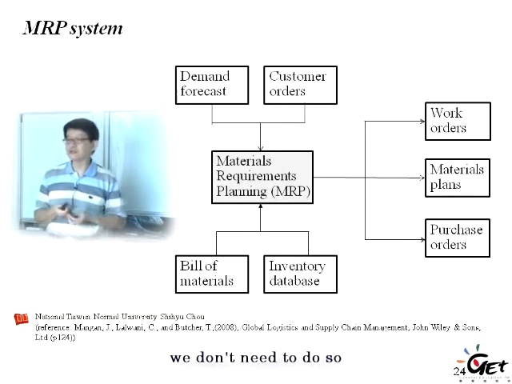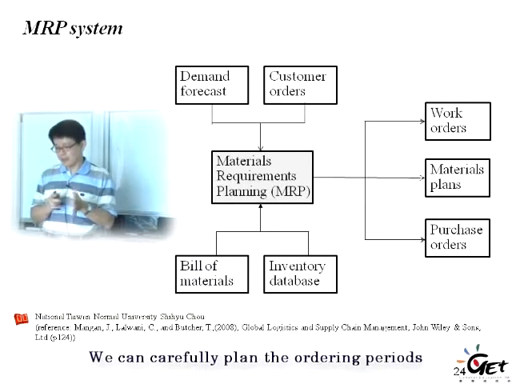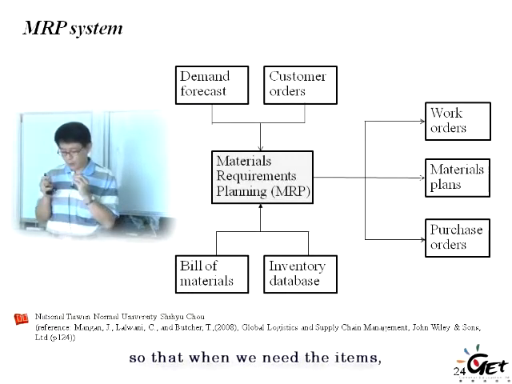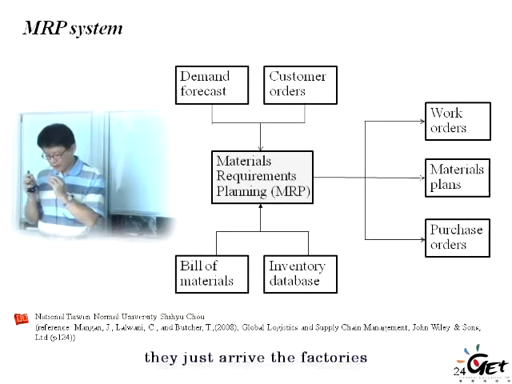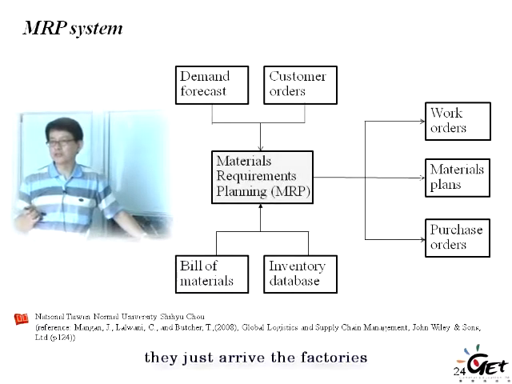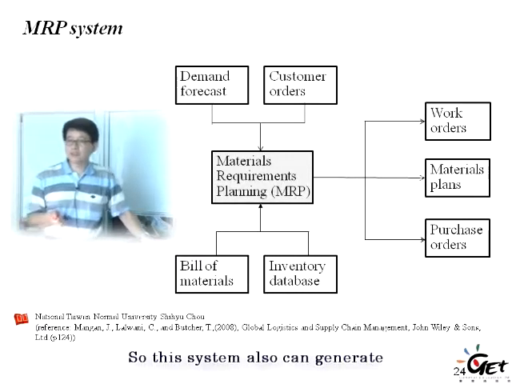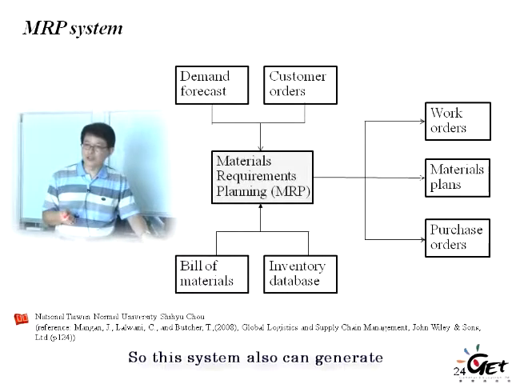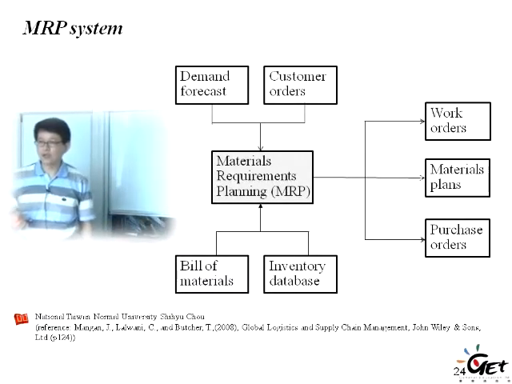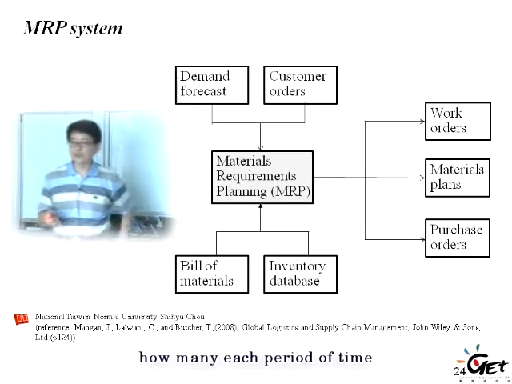We can carefully plan the ordering periods so that when we need the items, they just arrive at the factories. This system also can generate work orders to tell factories how many products to produce and assemble each period of time.